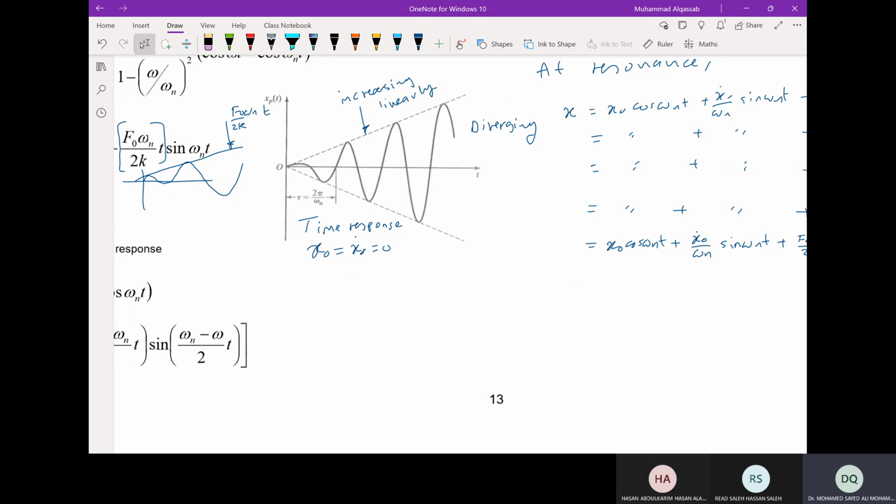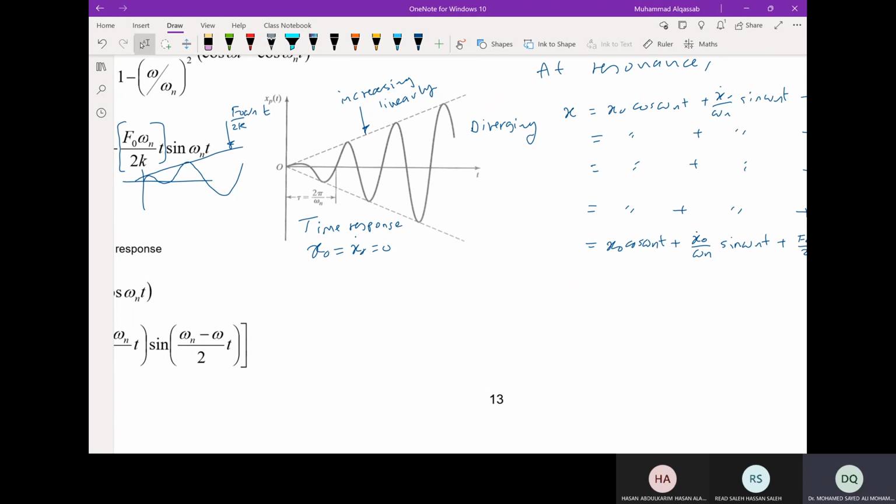We have to know the geometry and the material of the spring. Okay, so this is what happens at resonance, which is a dangerous case. This is to be avoided, especially if you have no damper.